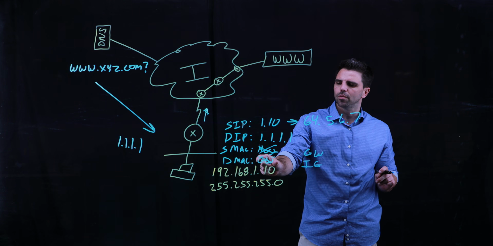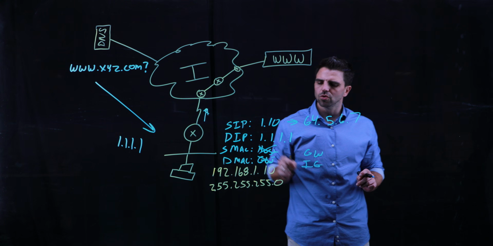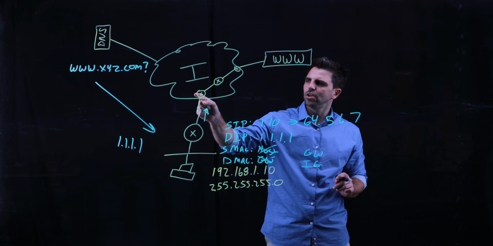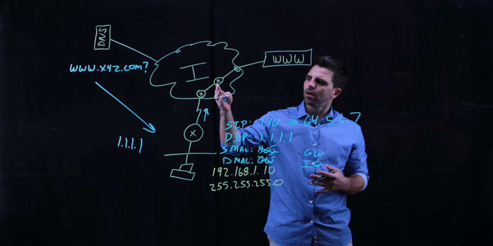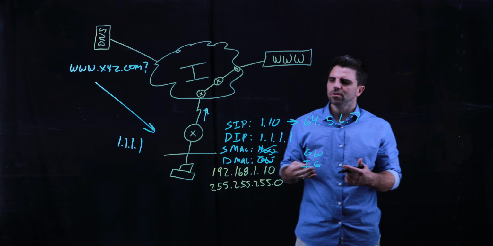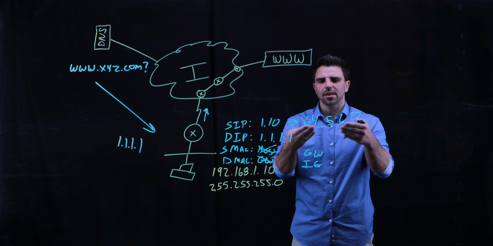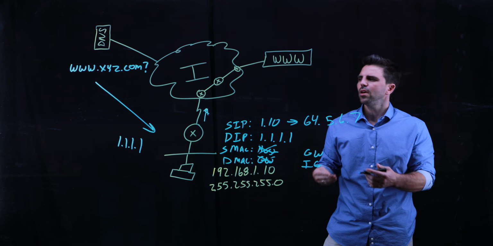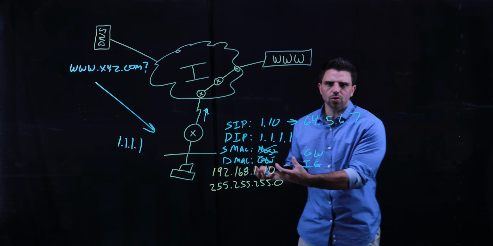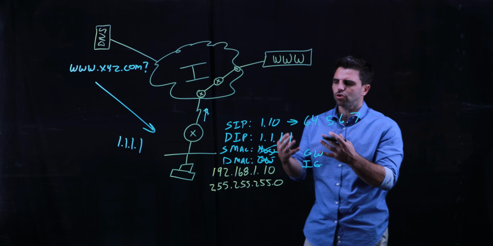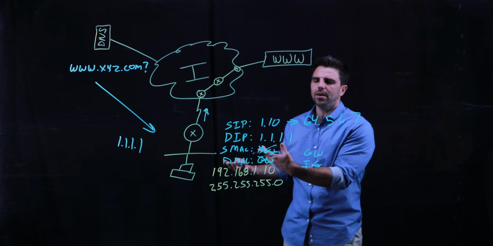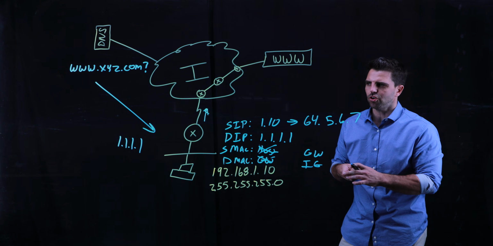So it strips the layer 2 information, it adds its own source MAC, and puts the destination MAC at the internet edge. Now, one thing that happens at each hop is it's going to make routing decisions at layer 3, these IP addresses, but actually route the traffic using layer 2, so based on MAC address. So it's going to be stripping the MAC addresses and appending its own, and appending the destination MAC.